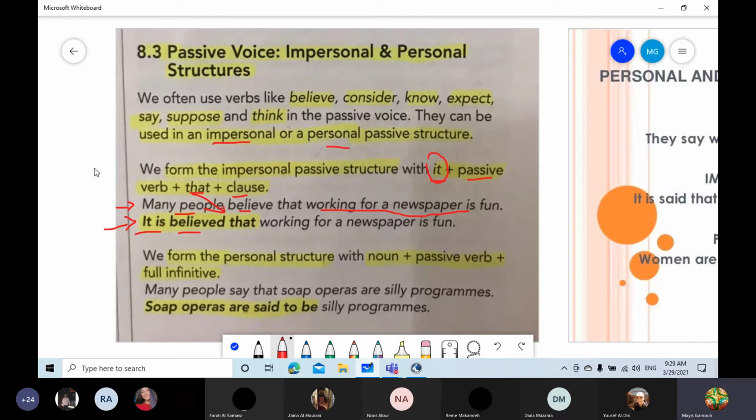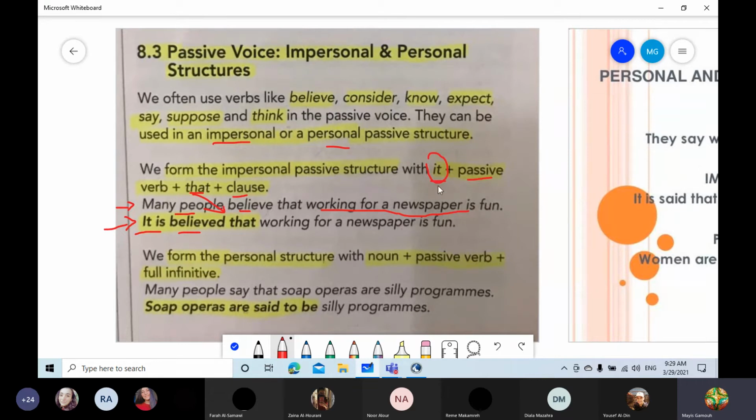One more time. How do I form an impersonal passive structure? A sentence with no object. How do I change it from an active to a passive voice?